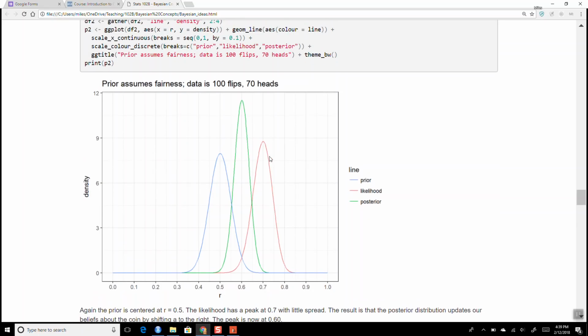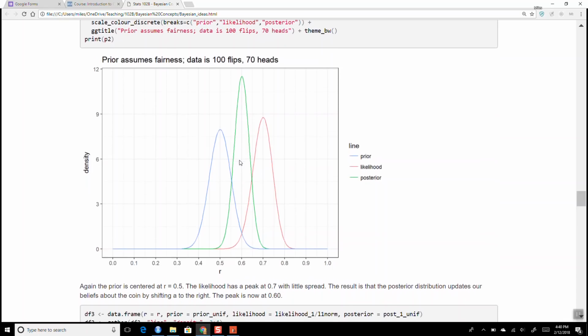Does that make sense? Do we see the relationship here between the prior, the likelihood, and the posterior being a hybrid between the two? Okay.